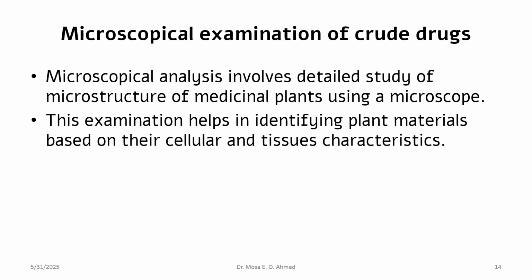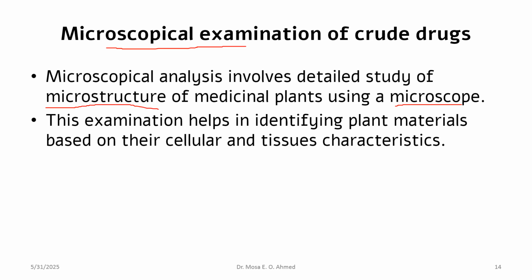The second part of this lecture is the use of microscopical techniques to identify or analyze crude drugs. As the name implies, microscopical analysis involves the use of a microscope in order to identify the microstructure of these medicinal plants.